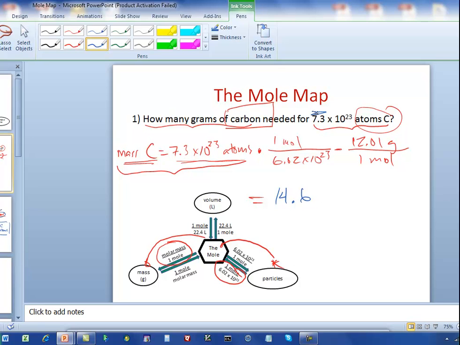But technically I really should only keep two significant figures, so we're just going to round that to 15, and that's grams of carbon. Okay, so there we go. So that's how you can use the mole map to solve these mass to particle and particle to mass problems.